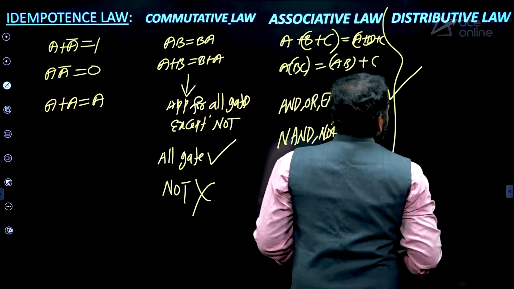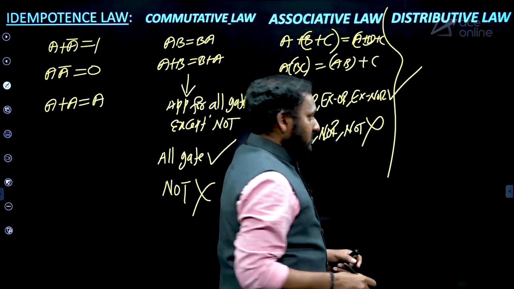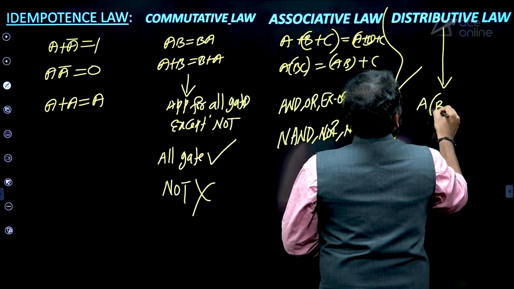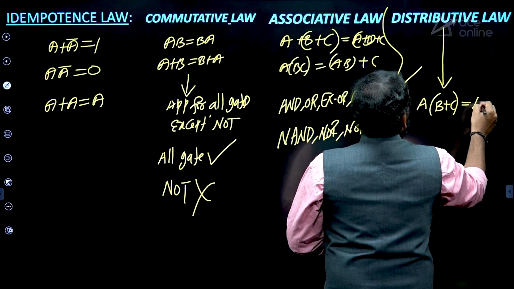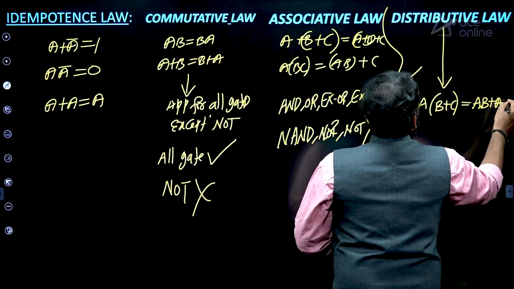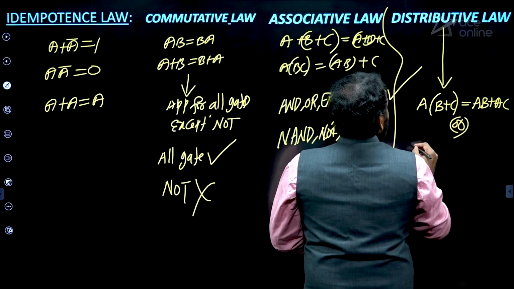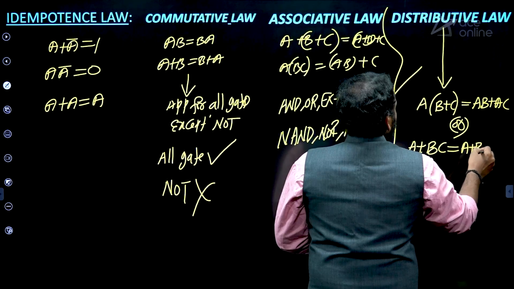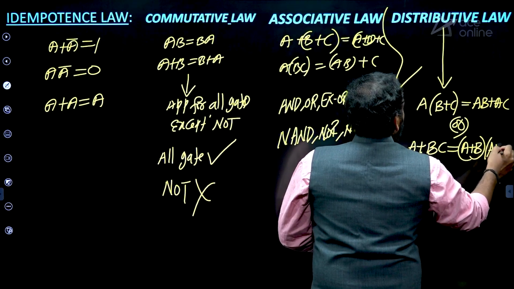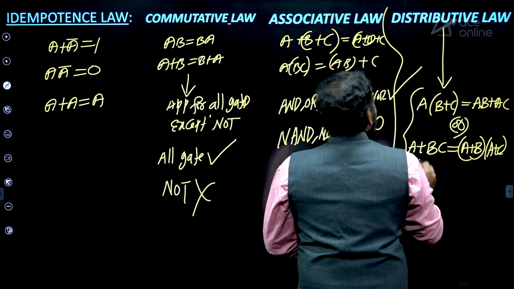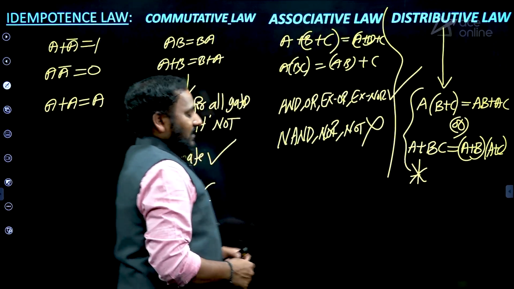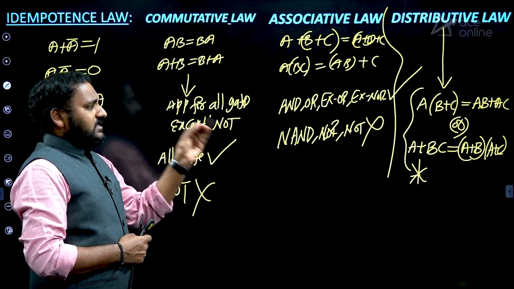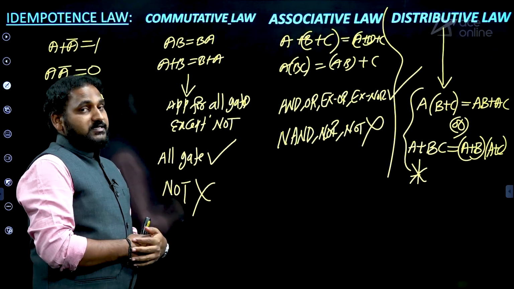Distributive law is a little different story. It's for a combination of AND and OR operations. Here, A into B plus C is equal to AB plus AC, or otherwise A plus BC can be adjusted as A plus B into A plus C. This distributive law is very popularly used in every textbook for logic gate implementation and POS function expansion.